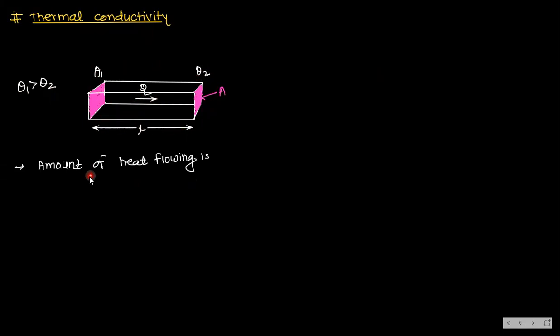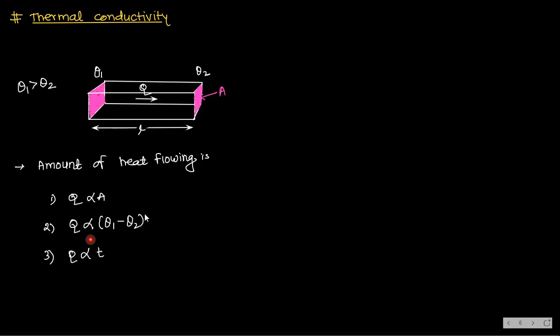So the amount of heat flowing through this conductor is directly proportional to area of cross section. Meaning, the more the area of cross section, the more heat will flow. Next, this amount of heat flow is directly proportional to change in temperature. More the change in temperature, more heat will flow. Next, this amount of heat is directly proportional to time.